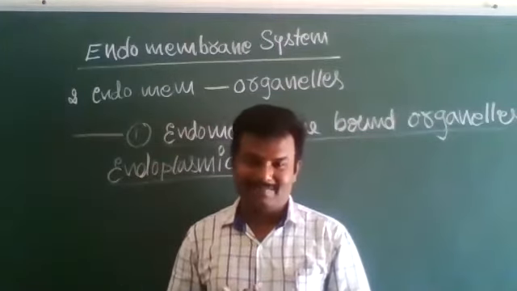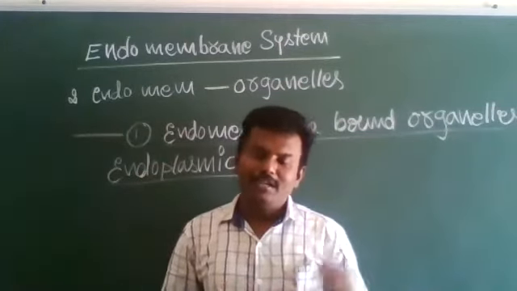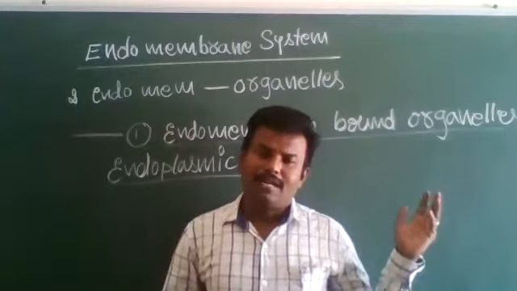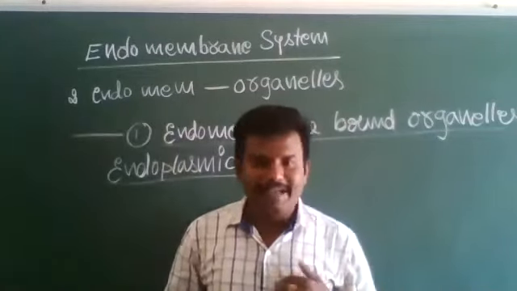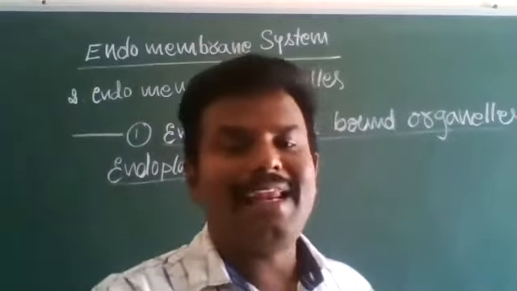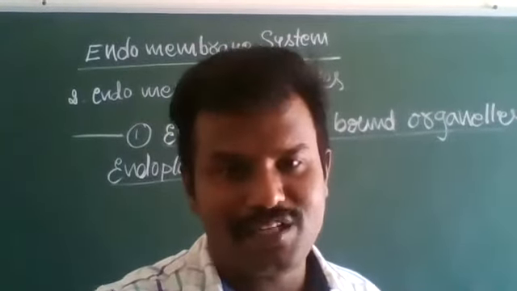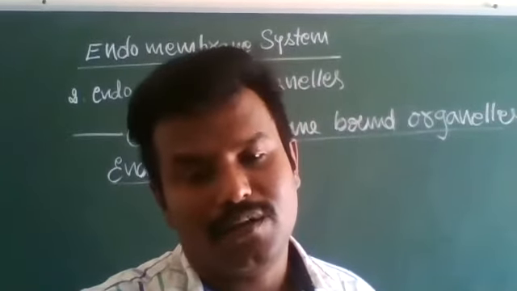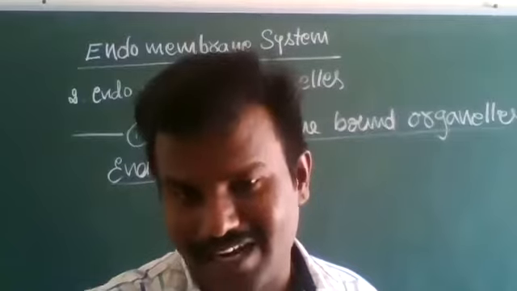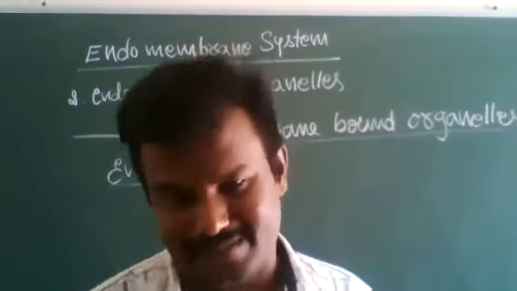In between endoplasmic reticulum, Golgi complex, lysosomes, and vacuoles, there is high coordination. So due to this coordination, these are called endomembrane organelles or endomembrane systems.